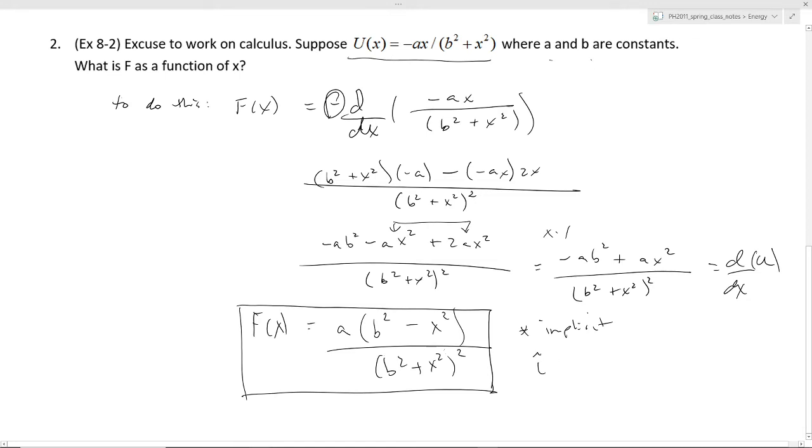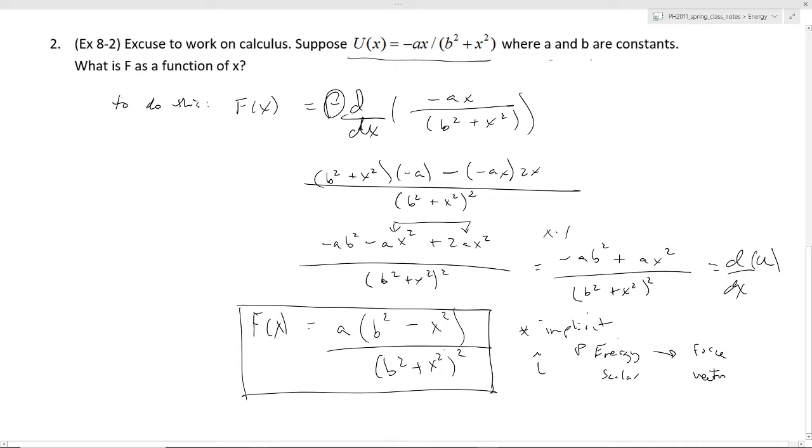Because recall, we've gone from a potential energy scalar to a force, which is a vector. So really, this would have some direction associated with it.